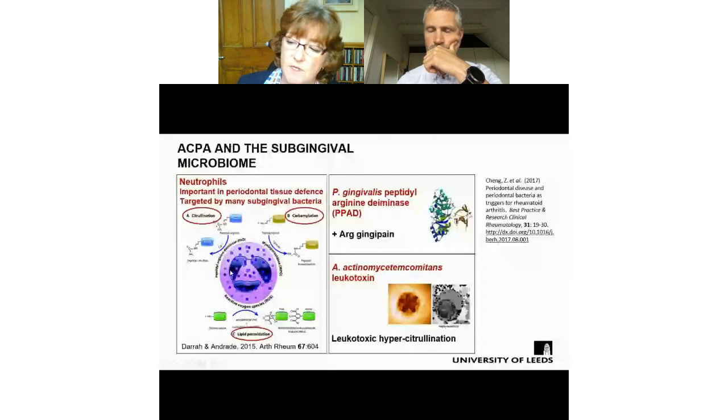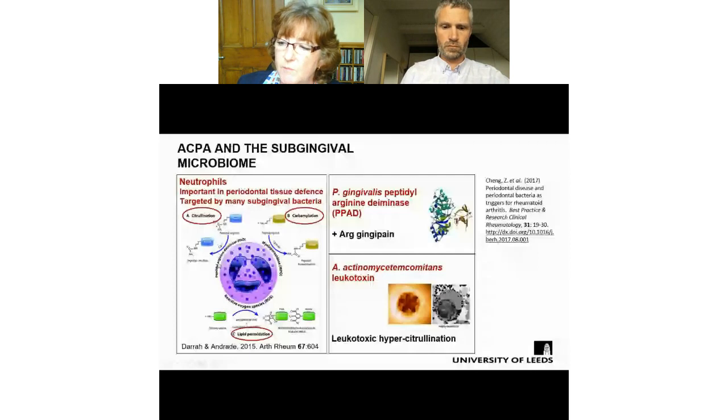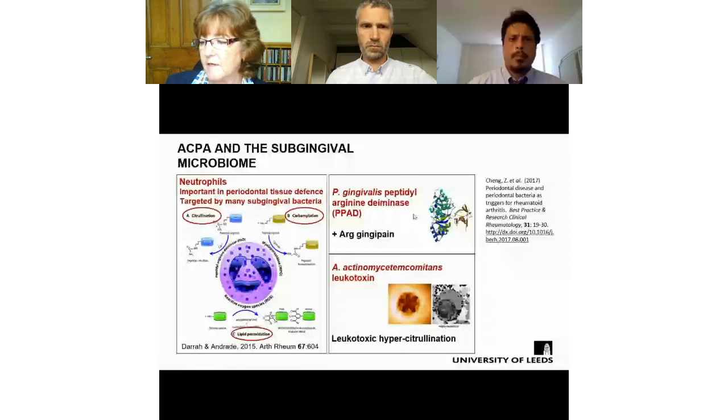Neutrophils are enriched for PADs, which are involved in NET formation and in inflammation. This is an important process that's mediated by neutrophils, and neutrophils are also important in periodontal tissue defense.